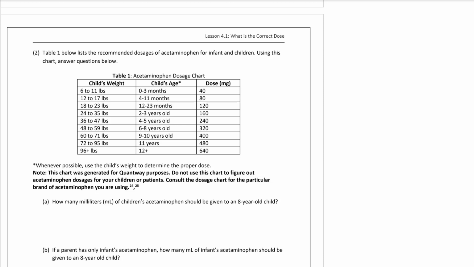Now let's look at question number 1, part A. How many milliliters of children's acetaminophen should be given to an 8-year-old child? So I'll just highlight the information from the chart. It's asking you how many milliliters are given.